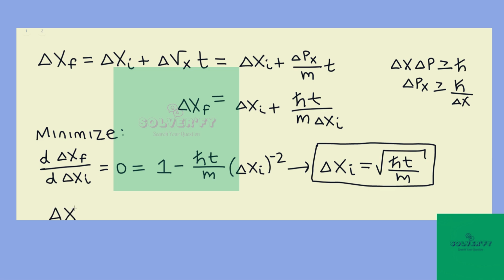We can now plug our delta xi into the delta xf formula. We end up with root h bar t over m plus h bar t over m multiplied by, we've got to be super careful about how we do this, the square root of m over h bar t.